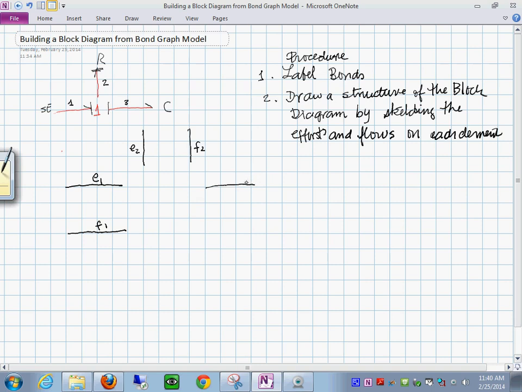This is effort 3, and this is flow 3, like that. Very good. And then I would say step number 3 is draw the block diagrams of the individual elements.